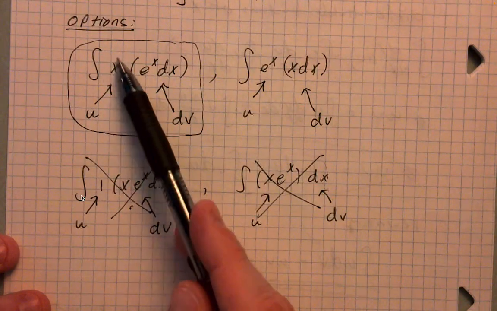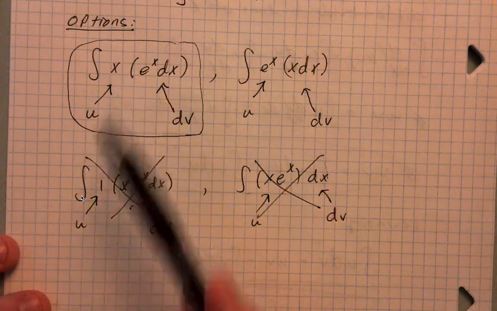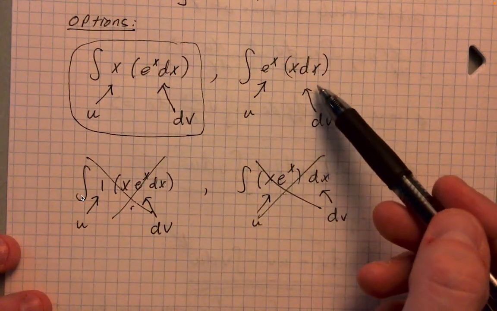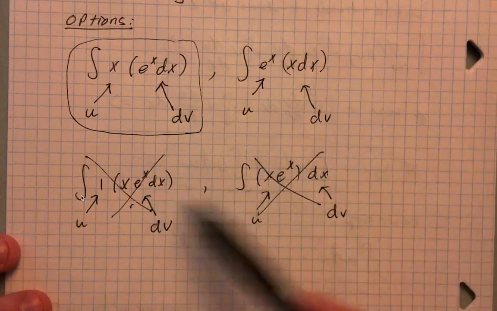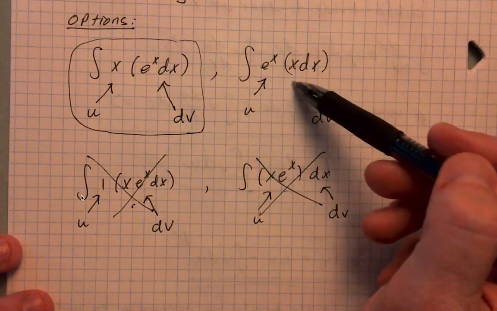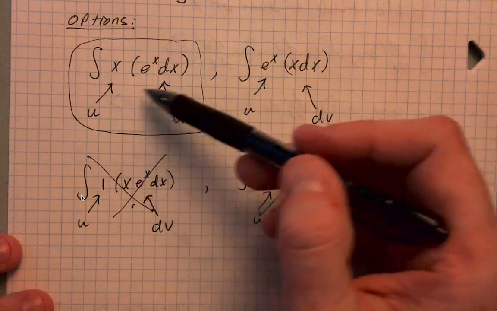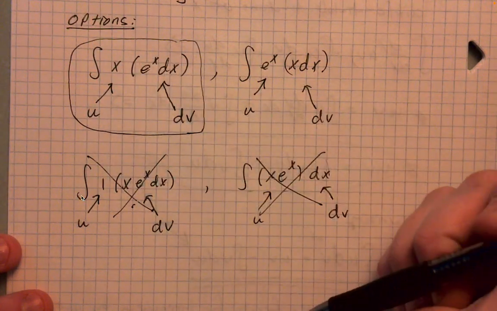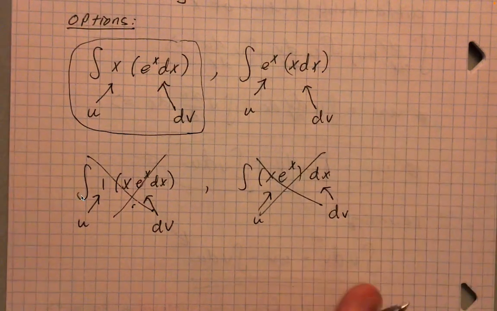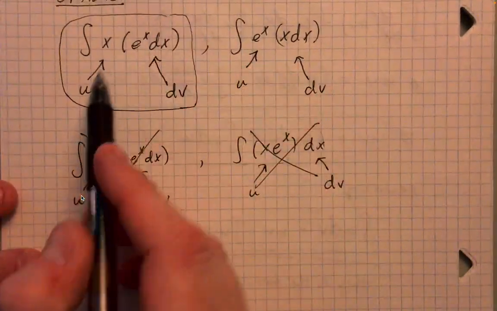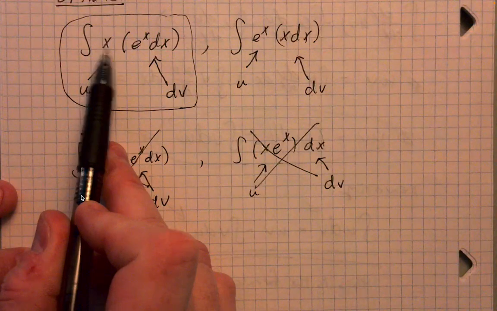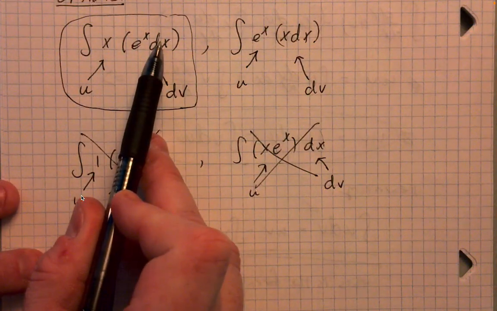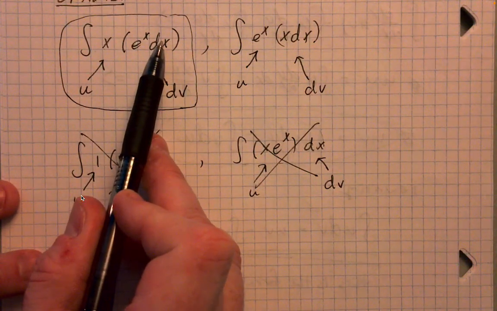So this becomes simpler upon differentiation. So this one over here wouldn't be a terrible choice by any means. These would both be terrible choices. This would be an all right choice, and it might work, but this is the best choice because of the x becoming simpler. Okay, and so that's what we would do. We would assign u to be x and dv to be e to the x dx.